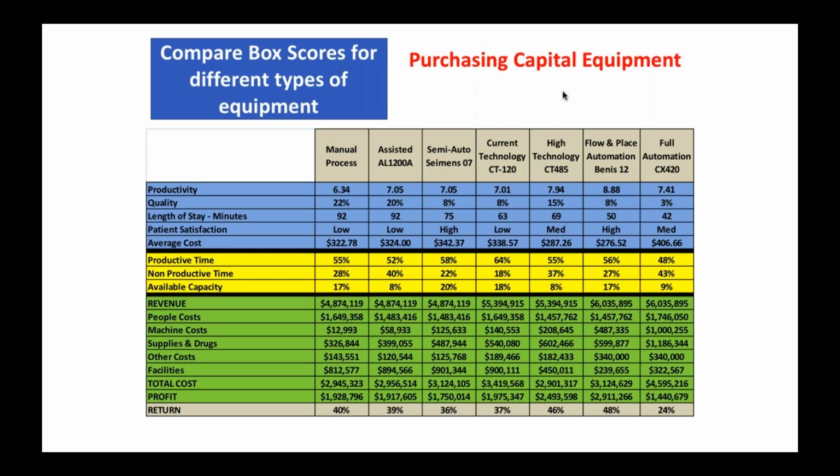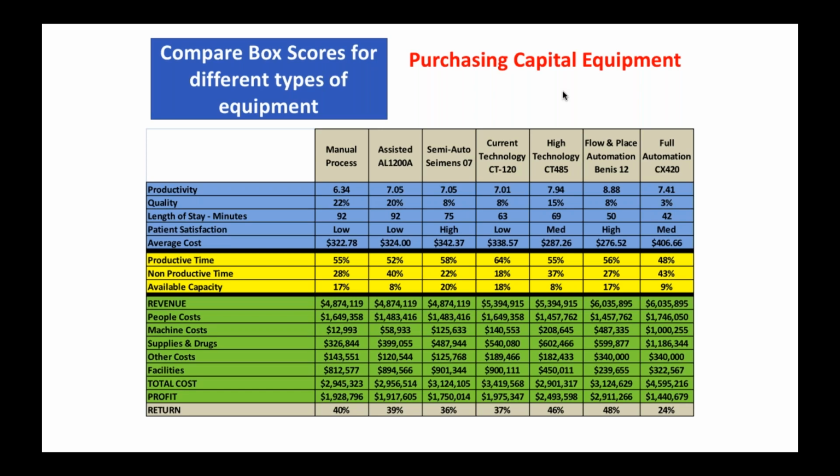Patient satisfaction is high. It does a good job on capacity. And from a profitability standpoint, it has the highest monthly value stream profitability. So this is probably the best machine to buy. And the reason for the profitability is patient satisfaction.